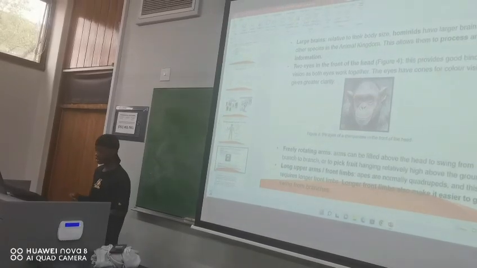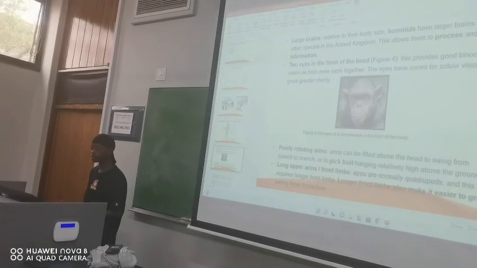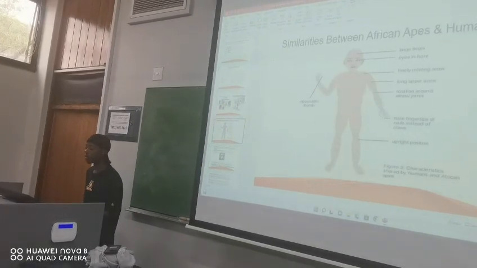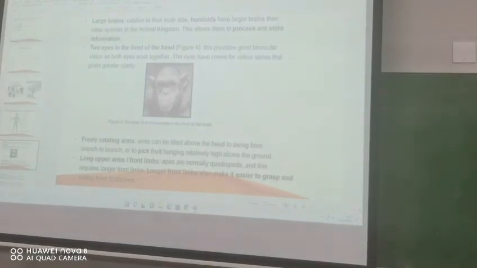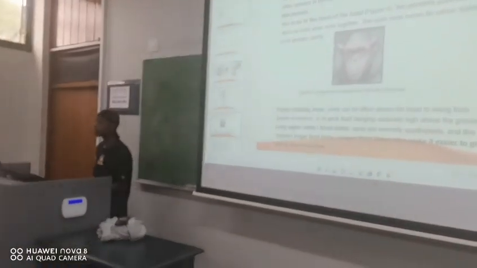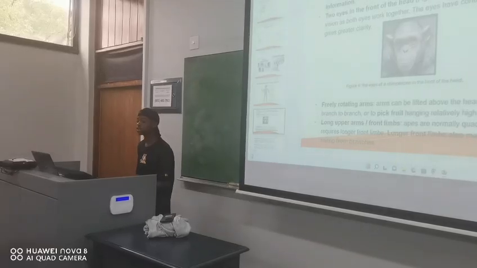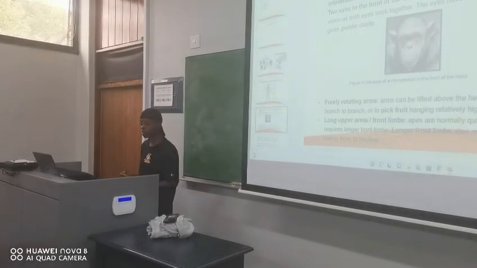They have two eyes in front of their head, which provides them a good binocular vision, and both eyes work together. The eyes have cones for color vision that give them greater clarity.